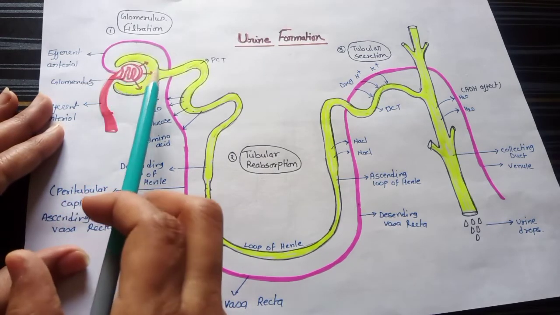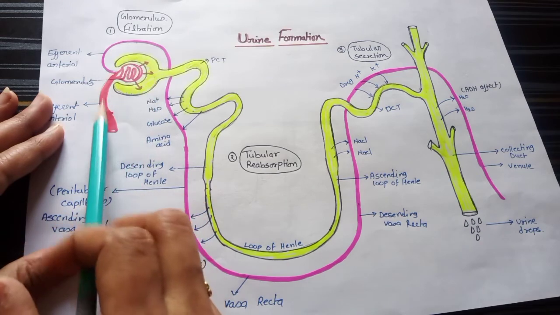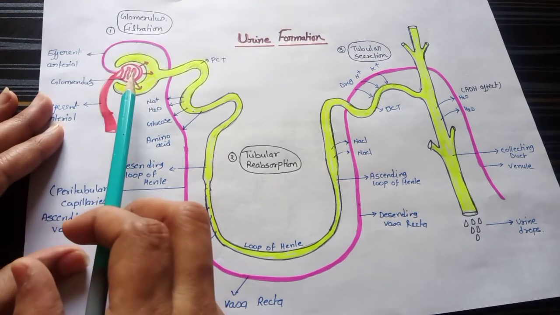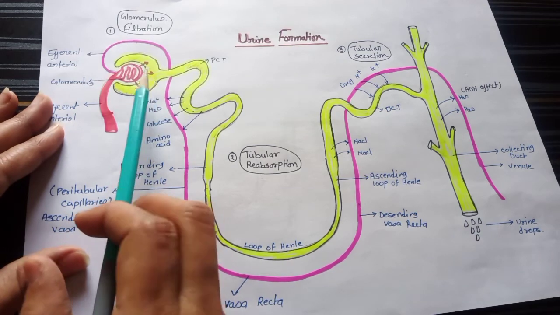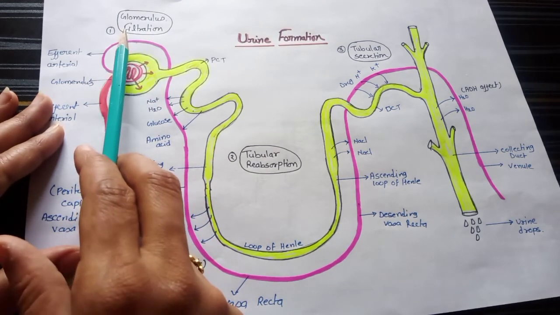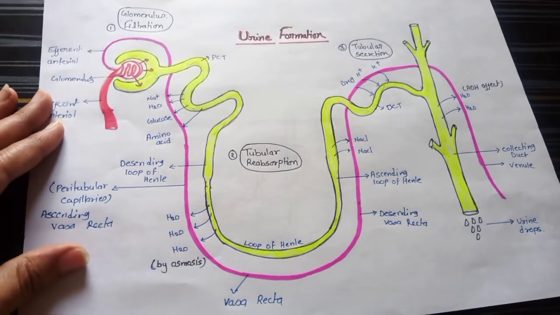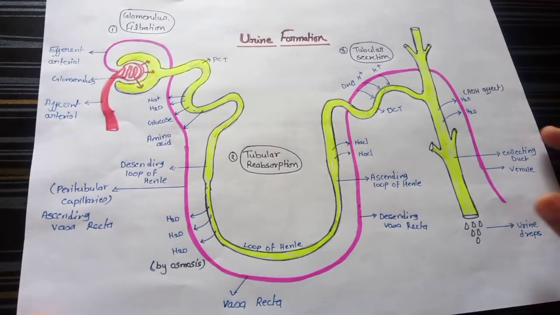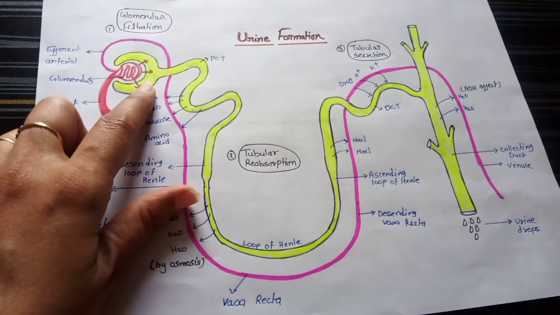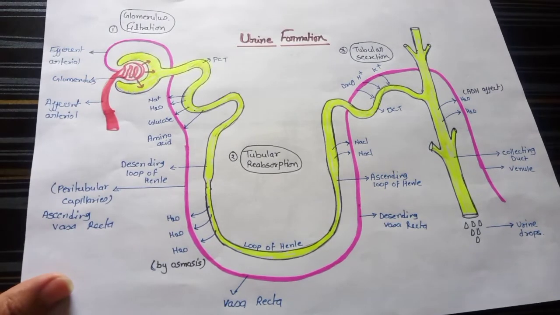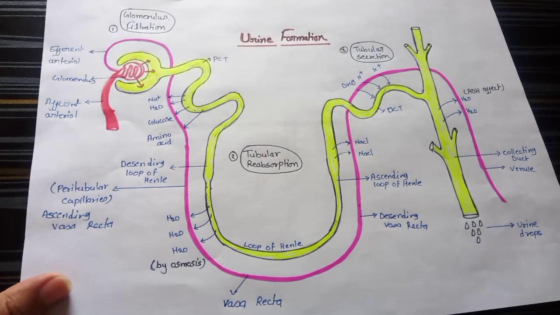A large amount of blood comes into the glomerulus, so the blood can be filtered into the Bowman capsule. Around 70% of the blood is filtered here in the first stage, glomerular filtration. This filtrate is called the primary urine, and it contains water, glucose, amino acids, urea, uric acid, and ions, along with the waste products from the blood.